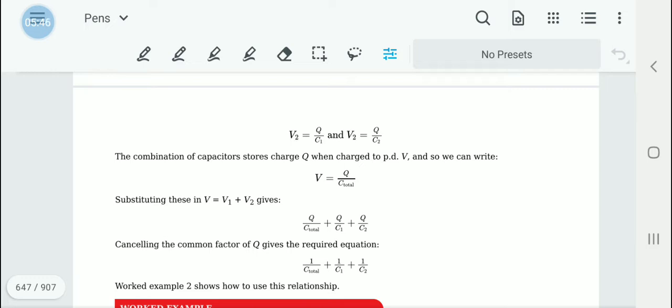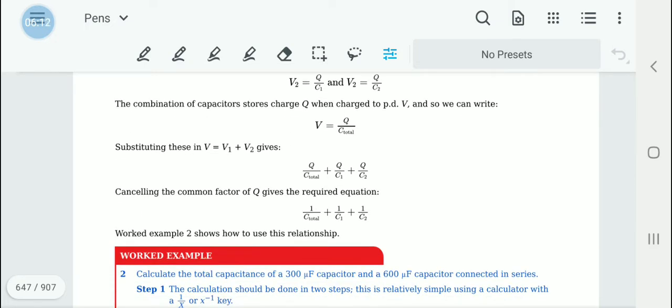That gives us Q upon C total. Now in the earlier situation we got Q upon C1 plus Q upon C2. So we substitute these values for V equals V1 plus V2. As a result we get Q upon C total equals Q upon C1 plus Q upon C2.